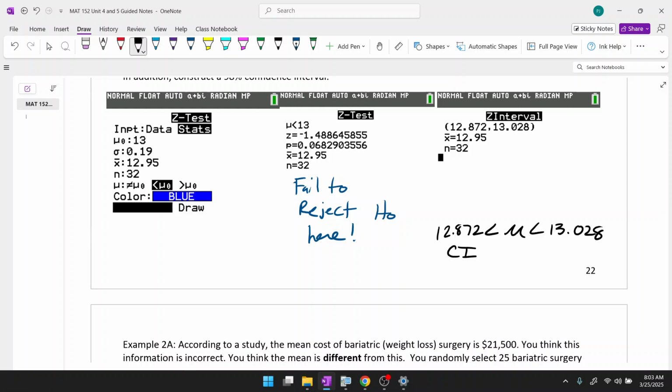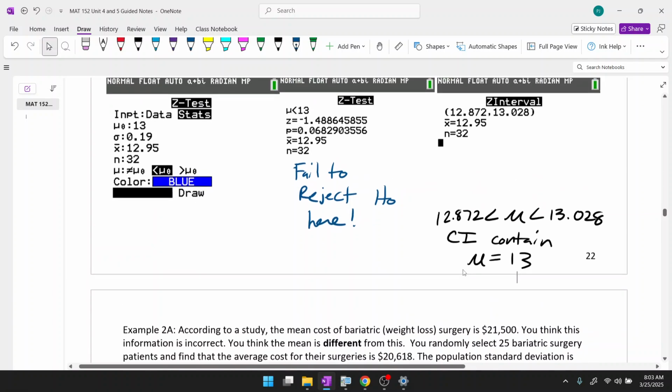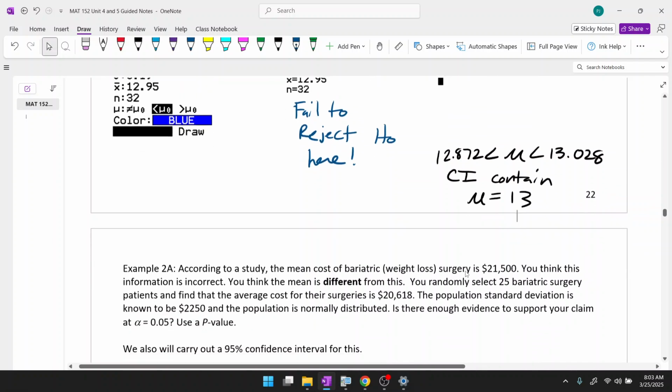And the confidence interval does contain our 13. Now, you don't actually have to indicate that, but what I'm doing here basically is if you fail to reject the null, the corresponding confidence interval will contain the population mean, or the claim mean, I should say.